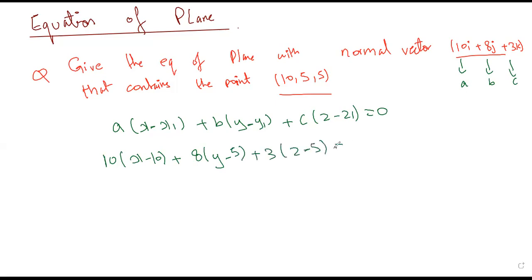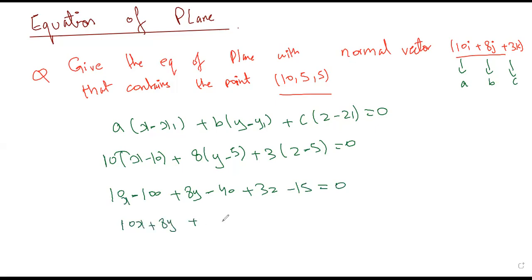equals 0. Okay. Now it could be that in the question they tell you to leave the answer in this form. Otherwise, it's always advisable to just simplify this. 10 into x will give you 10x minus 100 plus 8y minus 40 plus 3z minus 15 equals 0. So 10x plus 8y plus 3z minus 155 equals 0.